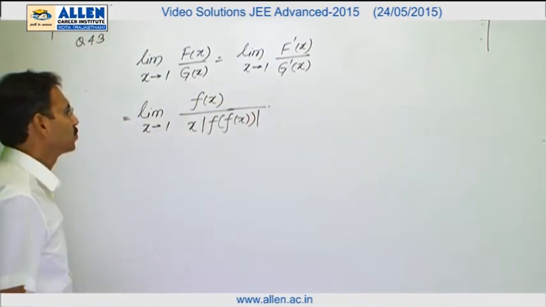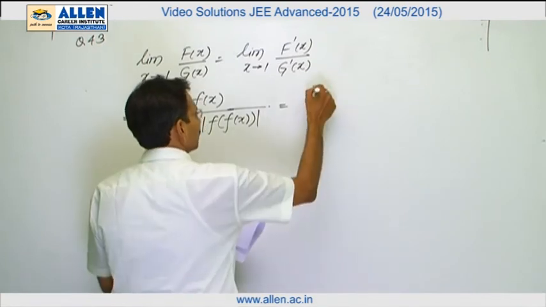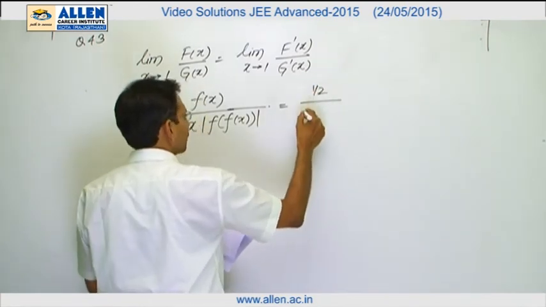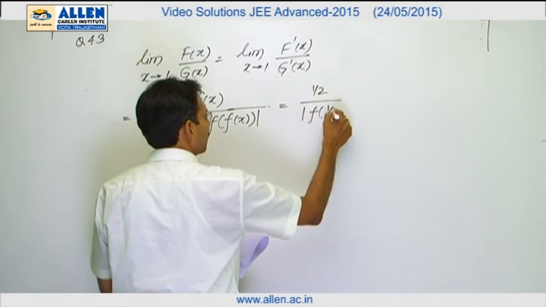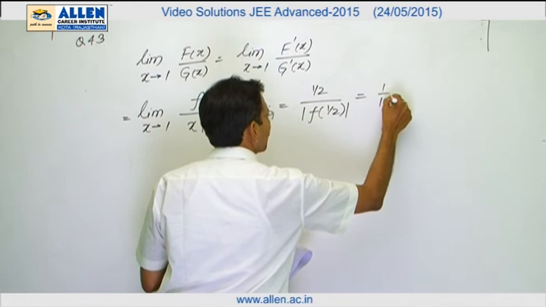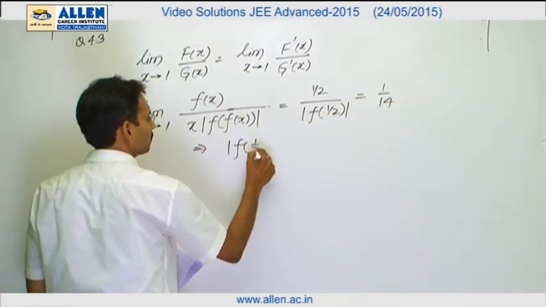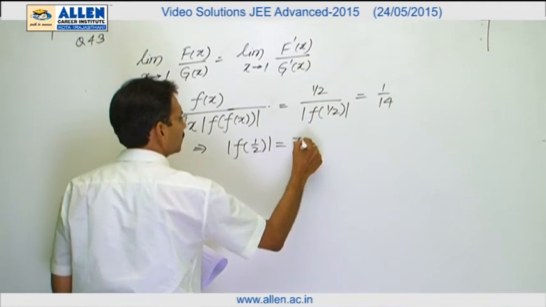Now when x approaches 1, the numerator is f1, and f1 is given as half, divided by mod of f half. This limit is already given to us as 1 by 14, which implies mod f half is equal to 7.